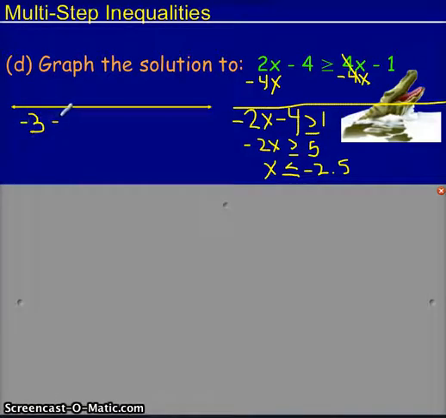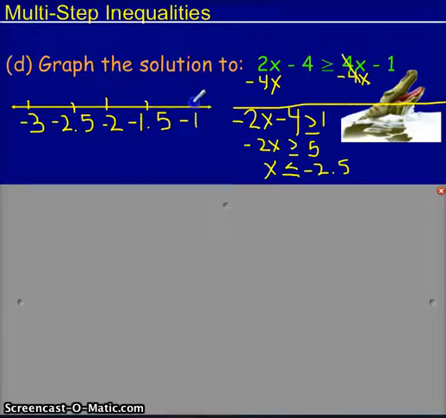So here I have negative 2.5, and then here I would have negative 2. Then here I would have negative 1.5. I usually like to have at least 5 numbers on my number line. So I'm going to just add in one more, and then we'd have negative 1.